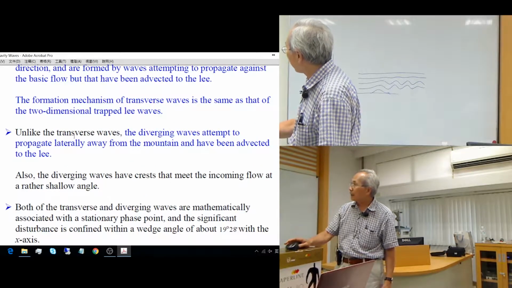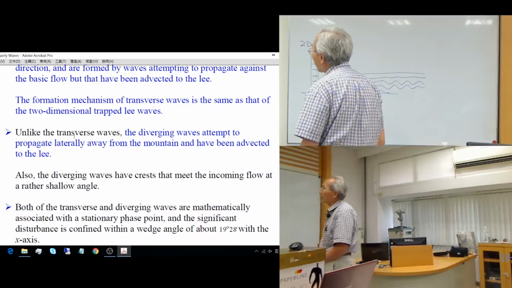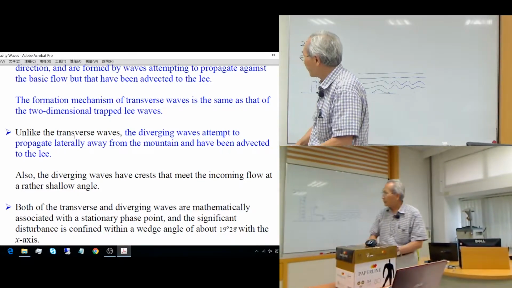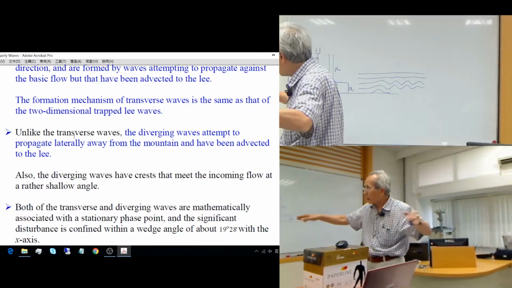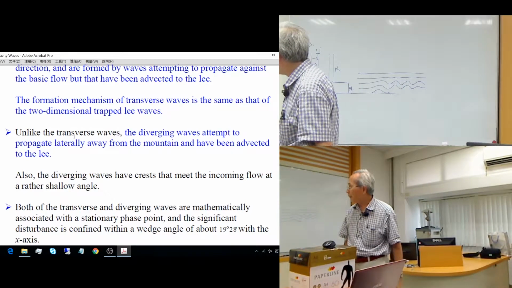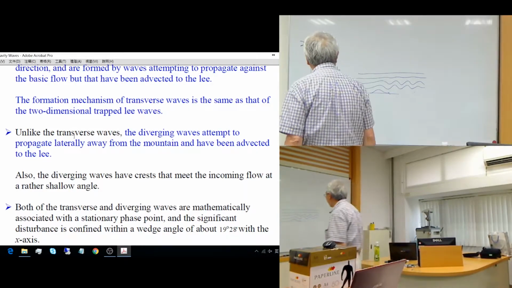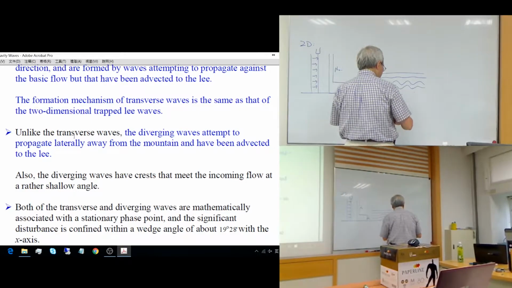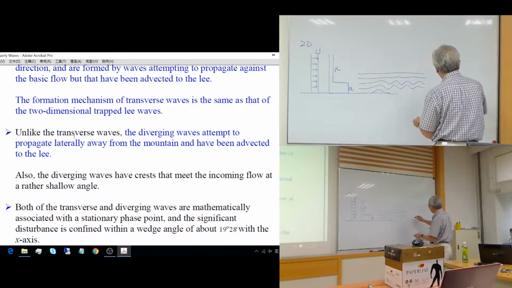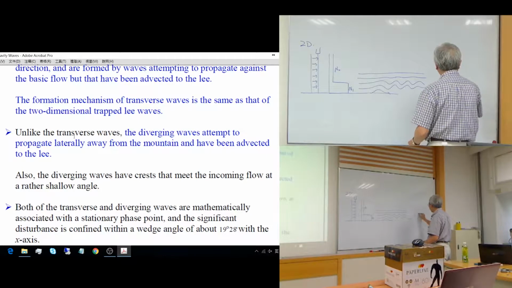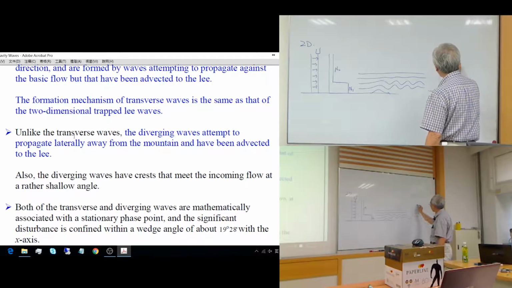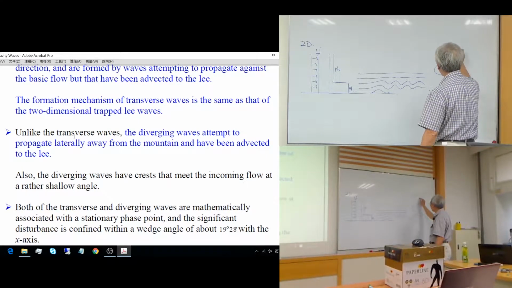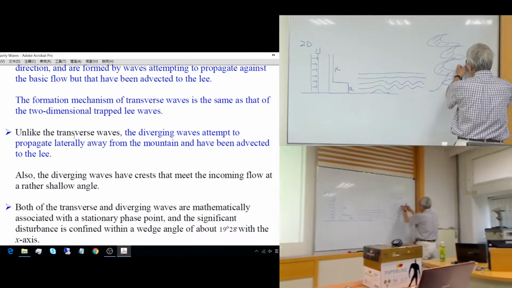Unlike the transverse waves, the divergence wave attempts to propagate laterally away from the mountain. Remember, when we have this kind of three-dimensional wave, we get upward motion like this, and upward motion like this, and upward motion like this, followed by downward motion.